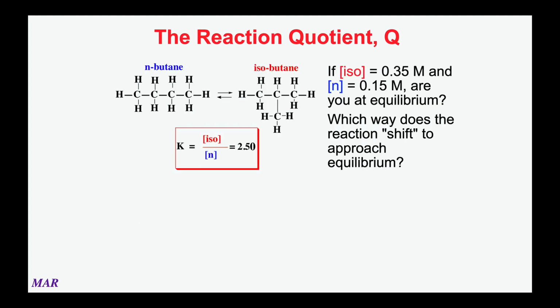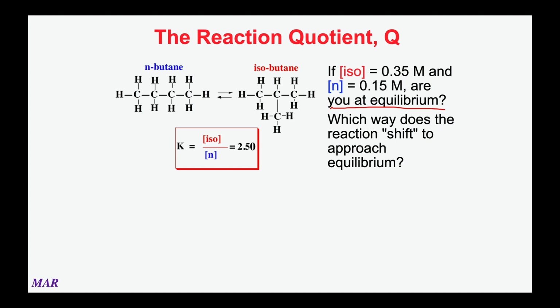So let's say that we have isobutane at 0.35 moles per liter and the N-butane, which I just abbreviate N right there, 0.15 molar. Are we at equilibrium? If you stop right there, at this first question, what we want to do is actually calculate our Q. We're not sure if we're at equilibrium.